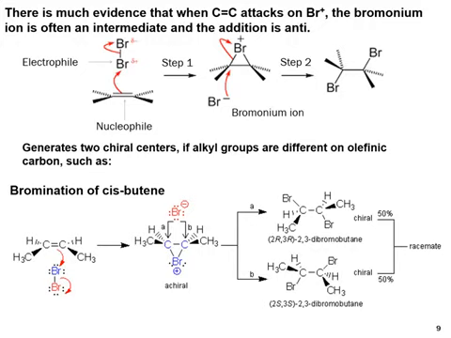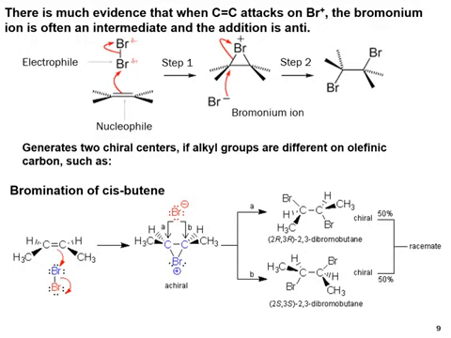If the alkyl groups on the olefin carbons are different, then it gives two chiral centers. The example of different alkyl groups can be seen in the next example, the bromination of cis-butene. First of all, the double bond attacks the bromine, and this gives the bromonium ion.